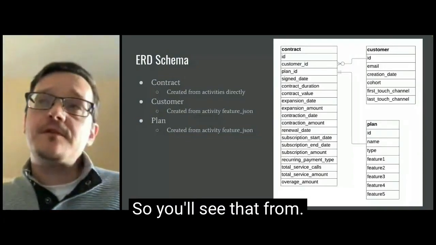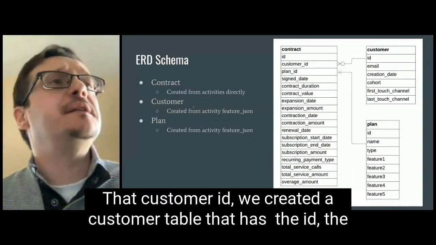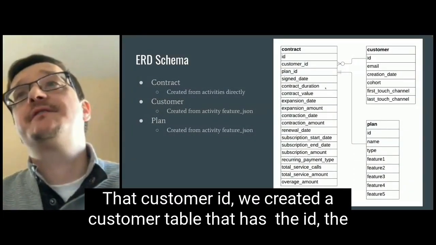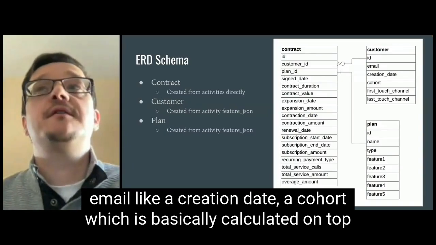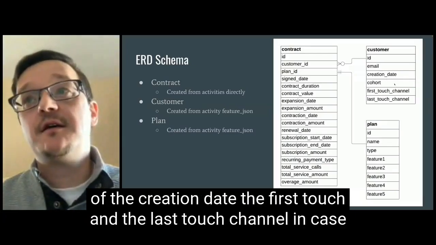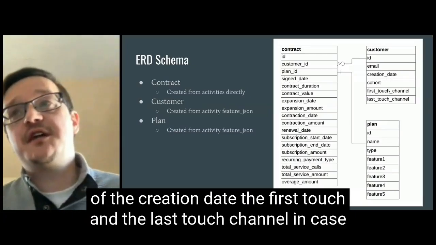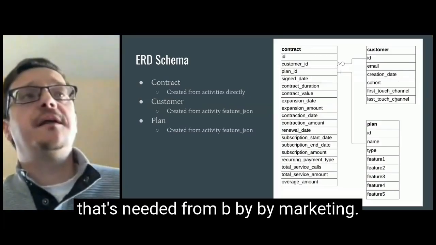Okay, so you'll see that from the customer ID, we created a customer table that has the ID, the email, a creation date, a cohort, which is calculated on top of the creation date, the first touch and the last touch channel in case that's needed by marketing.